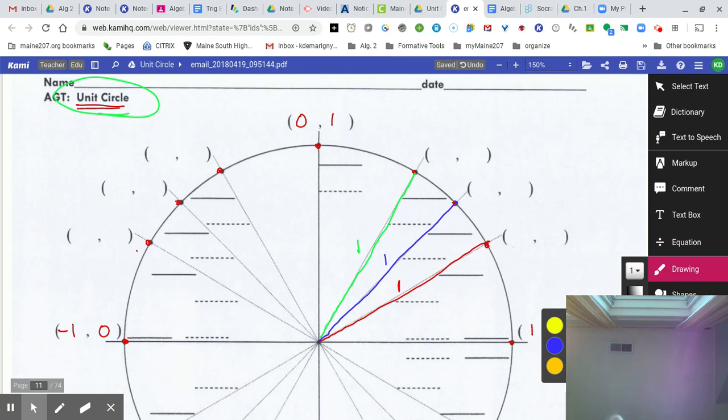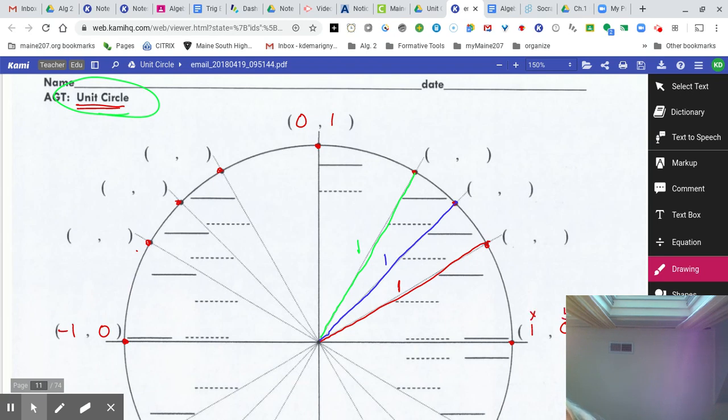Okay, now I need to explain to you the importance of this because it's really kind of cool how this works. If I were to ask you, if this were a triangle and it had a radius of 1, then you would be able to find the other trigonometric values according to these coordinates.